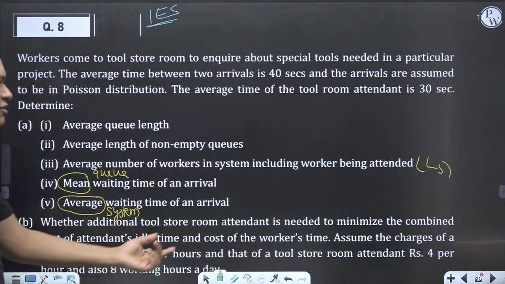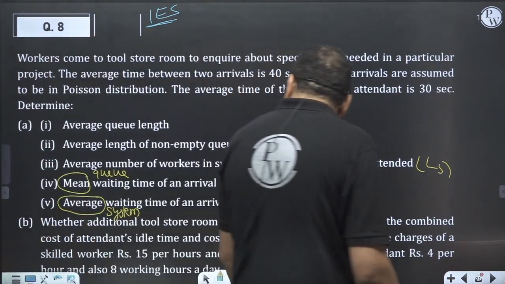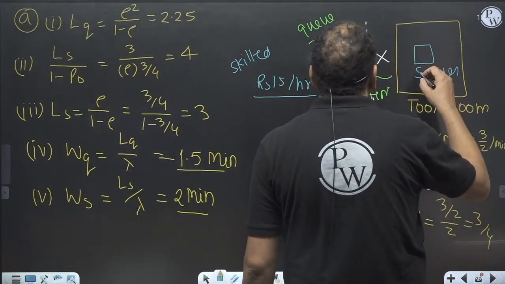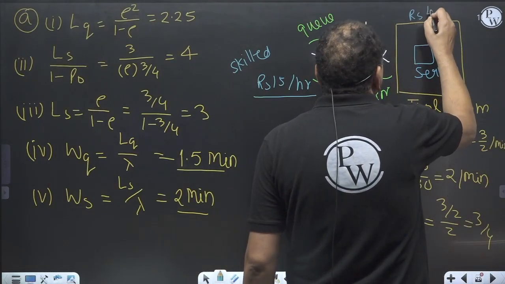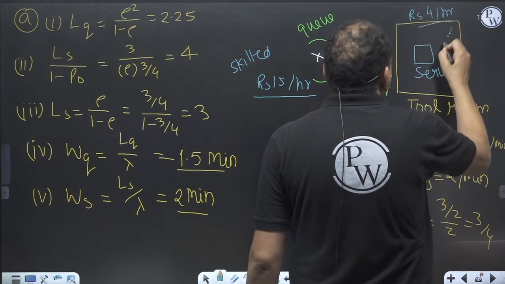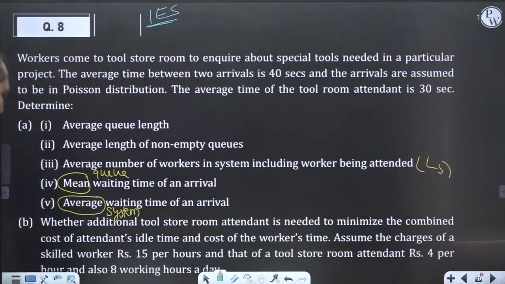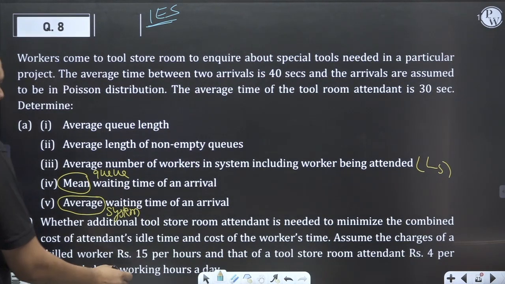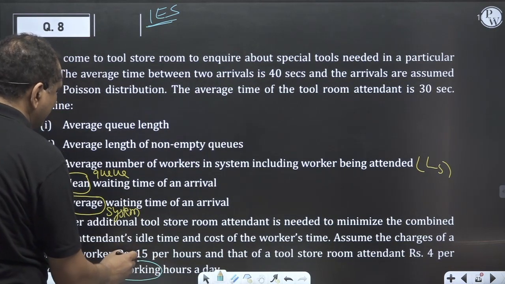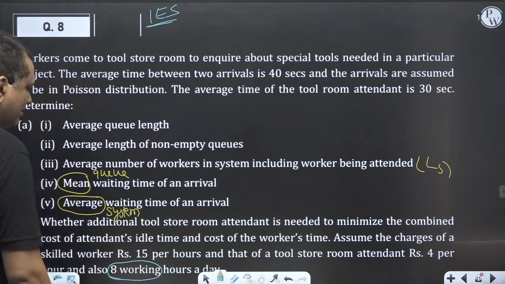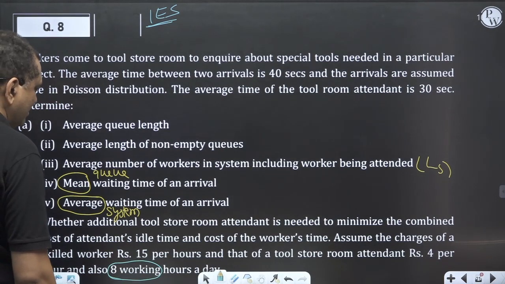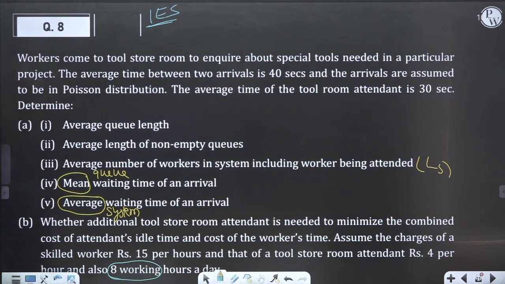And that of a tool room attendant is rupees 4 per hour. Also, working hours is 8 hours a day.